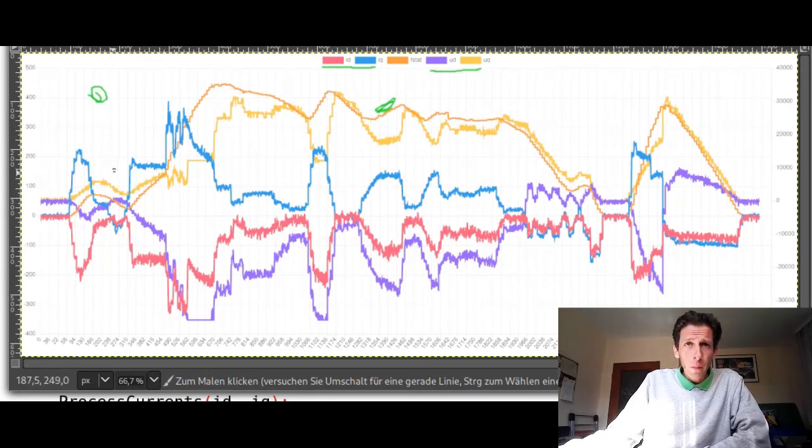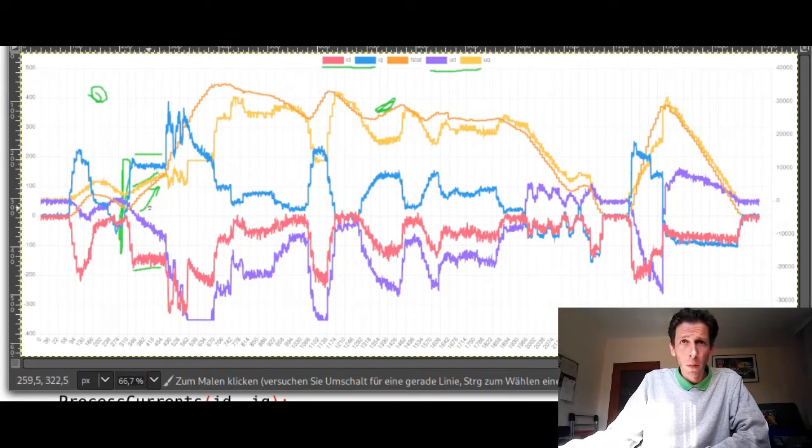So at this point right here we can see some acceleration starting. So we see the frequency rise. We see the D and Q currents are at some constant value, but the D and Q voltage is not constant.